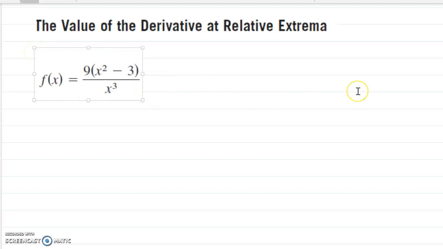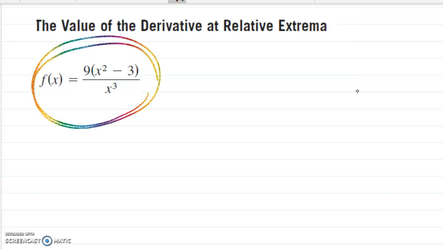The given function is f(x) equals (9x^3 - 3)/x^3. Whenever we have this kind of function, we can find the relative extrema by taking the derivative. I'm going to show you how to find it first, and then we actually solve this problem.